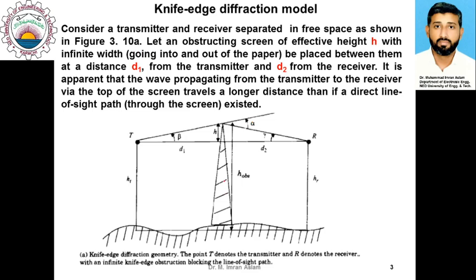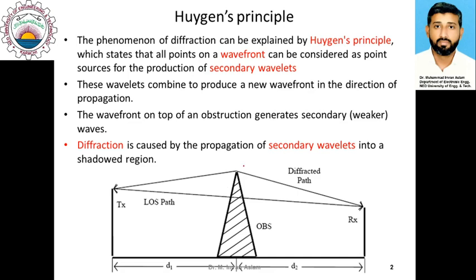Typically this path can be blocked by any physical object. Maybe if there is a hilly area between transmitter and receiver, of course those hills would block the path, or if there is a large building between transmitter and receiver, they would obstruct the path, or any other physical object can obstruct the path between transmitter and receiver.